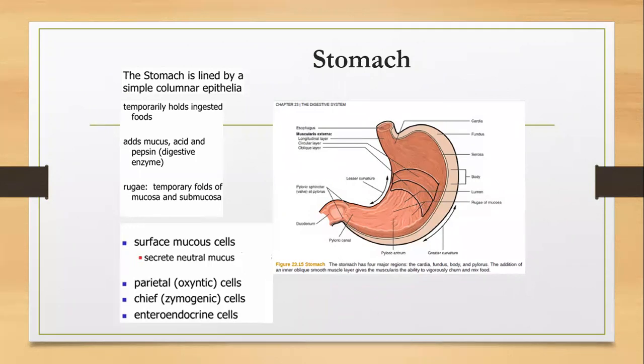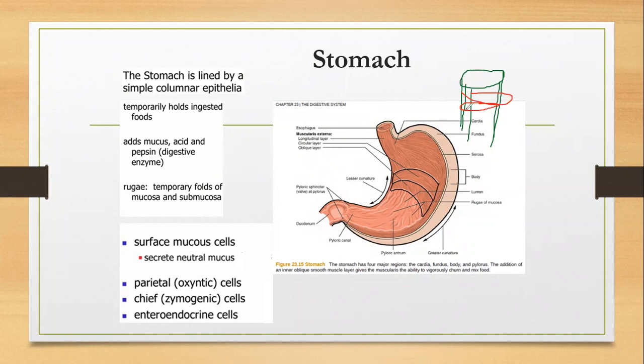Now, if you recall, we said that if this is a tube and you have longitudinal muscles here, the work of longitudinal muscles is to shorten the tube. The work of circular muscles is to constrict or to make the lumen smaller.